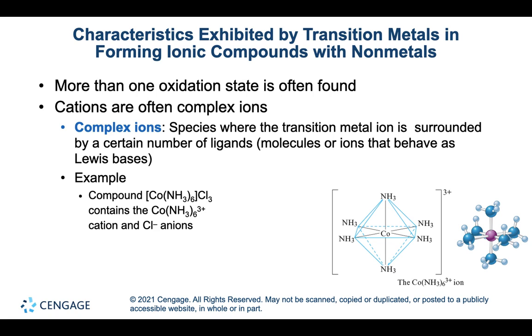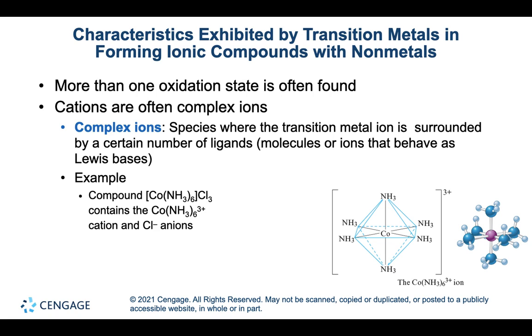We call those ligands. And these can be as many as 6 molecules or ions surrounding a center atom, connecting to that center ion using their unshared pairs as bonds, forming coordinate covalent bonds with the cations. So these would typically occur in water solution.